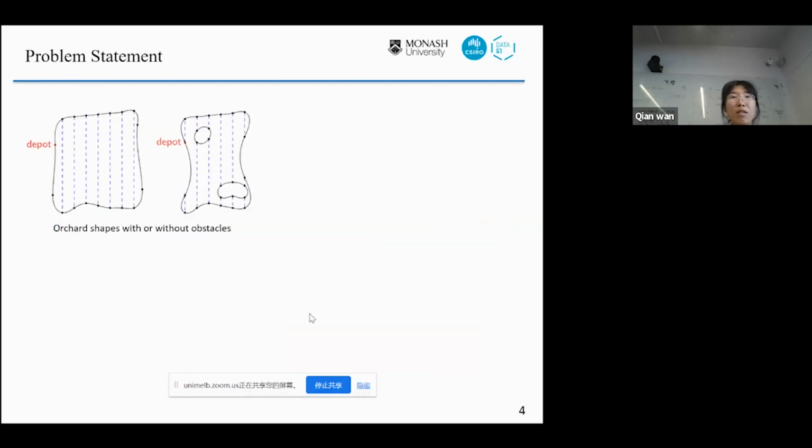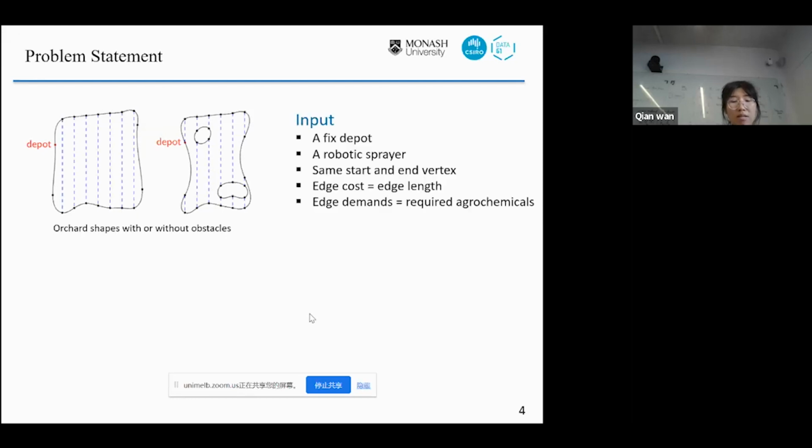Let's look at the problem statement. Here is an example of a small orchard based on the attributes of real-world problems. The robot starts from the depot and then does the spraying work for the blue demand lines.